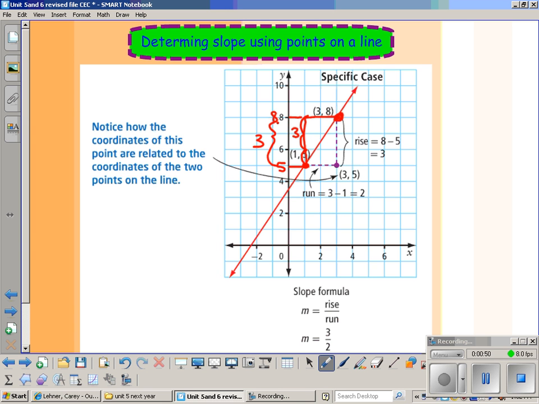That is a change of 3. If we look at our run, we're going 1, 2. We're going a run of 2. If we check our differences in our x's, we are going from 1 to 3, which is a change of 2. So there is a relationship between the rise and the run and the difference in your coordinates.